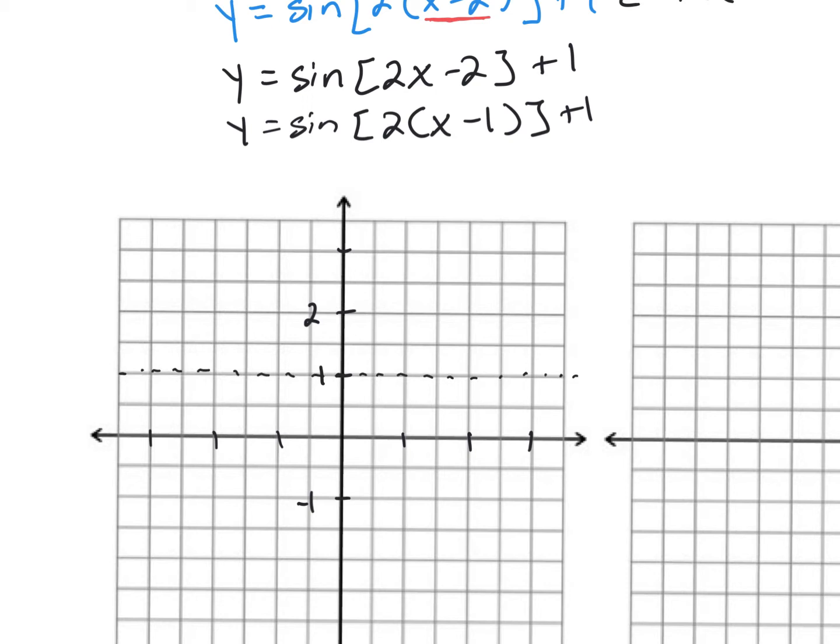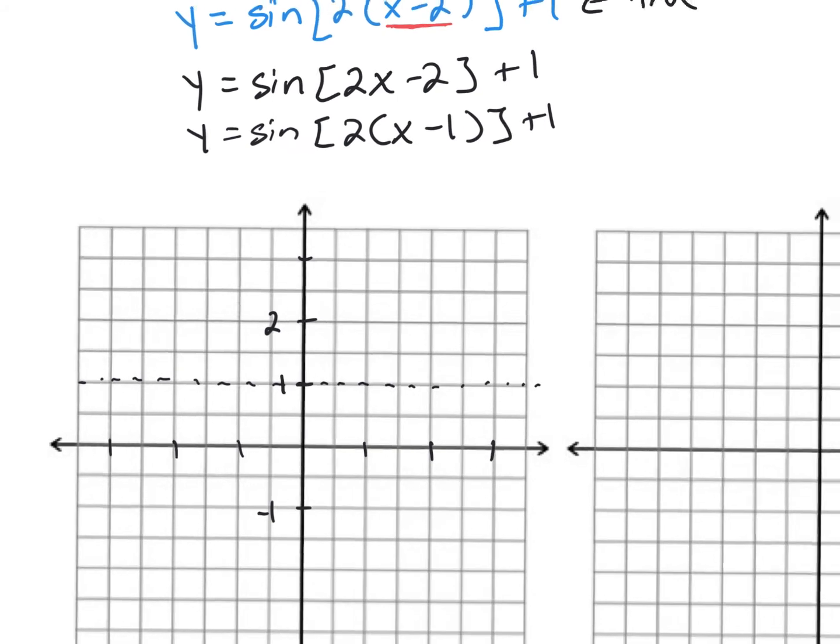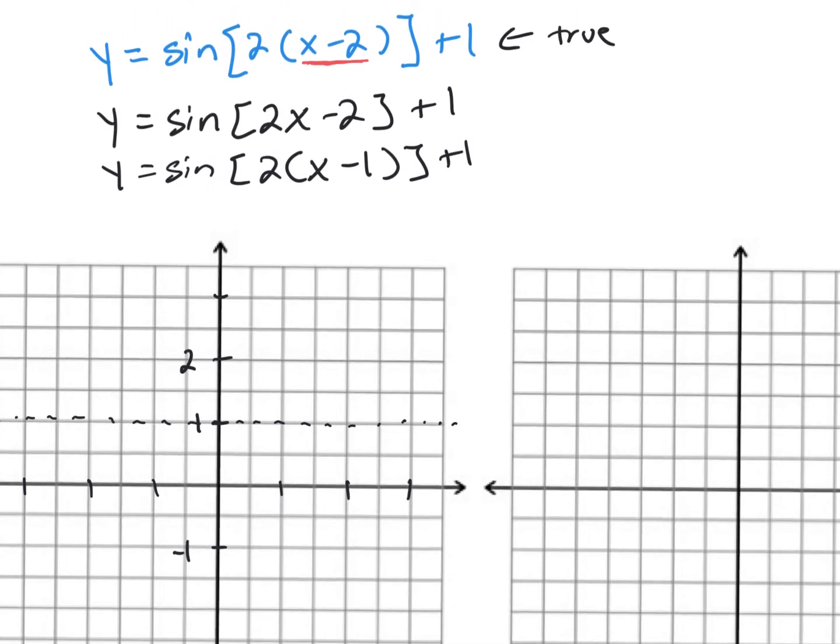From here, let's first condense our graphs. Our original graphs would go from 0 to pi over 2 to pi to 3 pi over 2, then back to 0 again. So that's one whole phase.